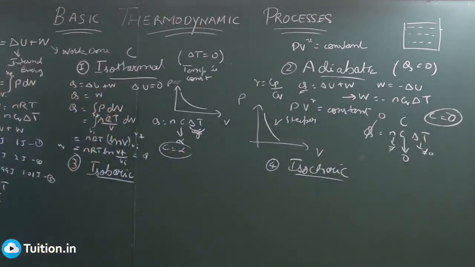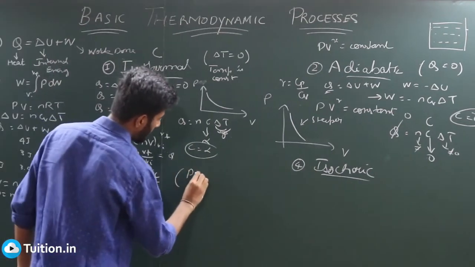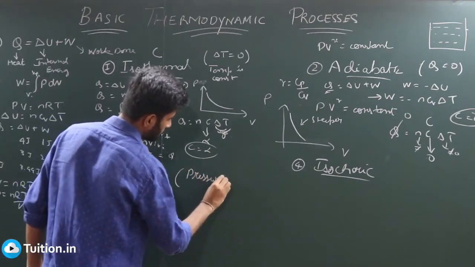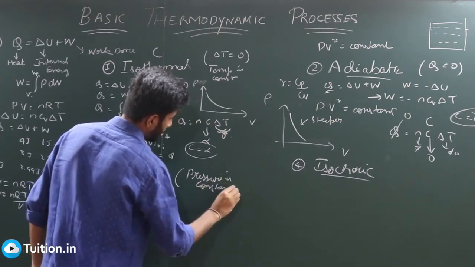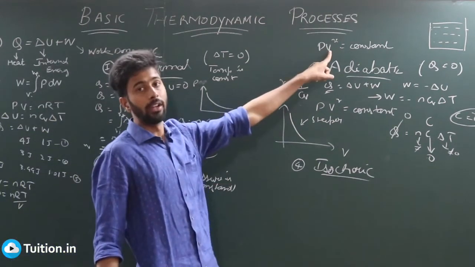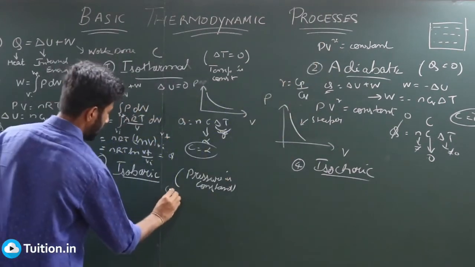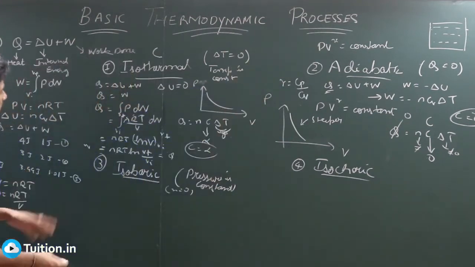Moving on to the next process, which is your isobaric process. What is the characteristic of this? Your pressure is constant. So if your pressure is constant, I will say x is 0. Only if your x is 0 is pressure constant, from that equation. But what all do we need here?